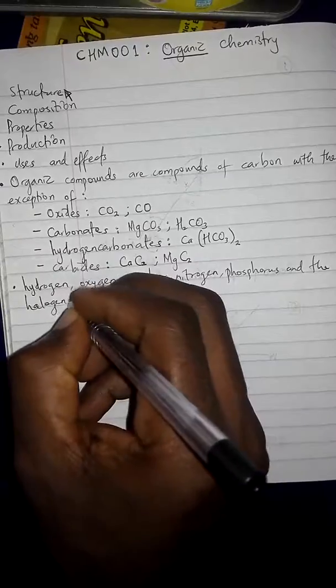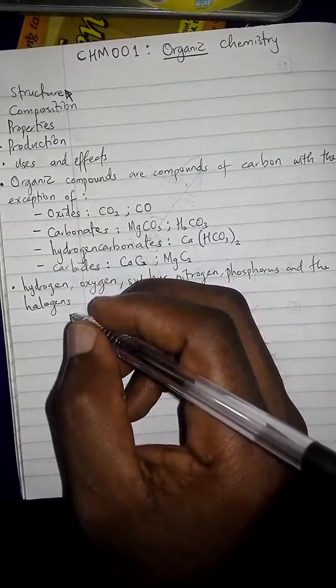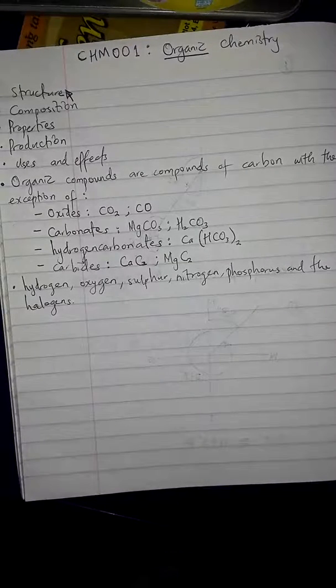Halogens are Group 7 elements: fluorine, chlorine, bromine, and iodine.